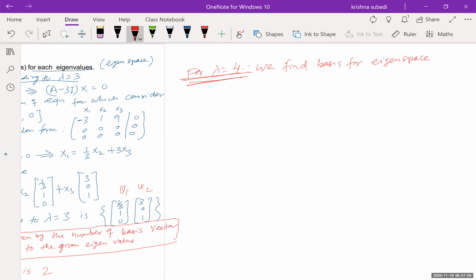By definition, Ax equals lambda x, which gives Ax equals 4x, because lambda is 4.